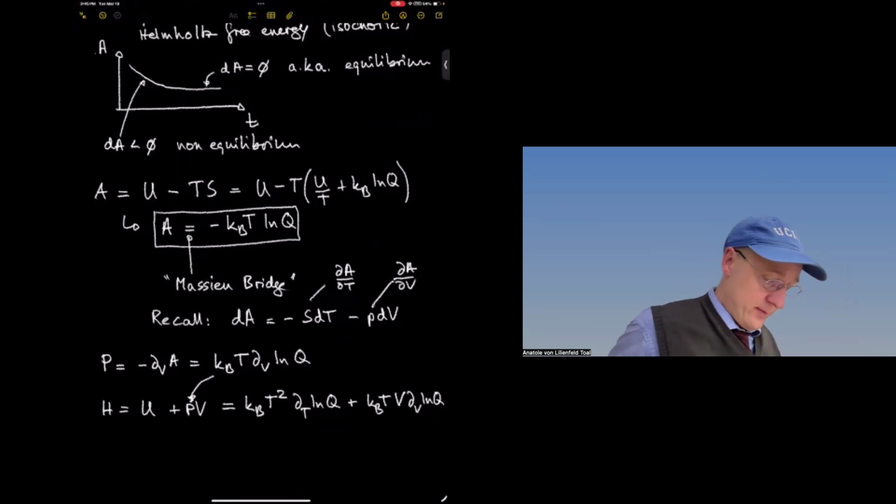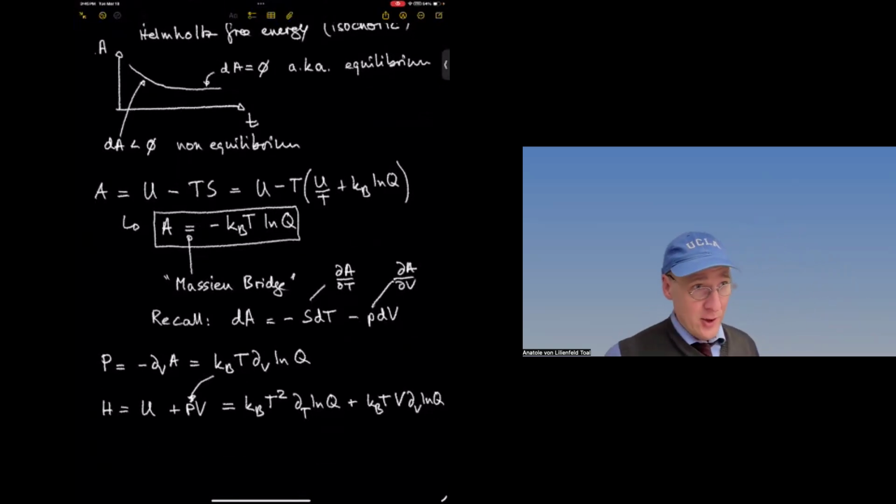So now you see the enthalpy in terms of Q. You haven't seen that yet, I bet.